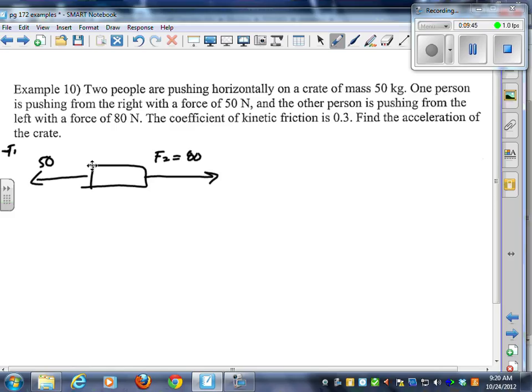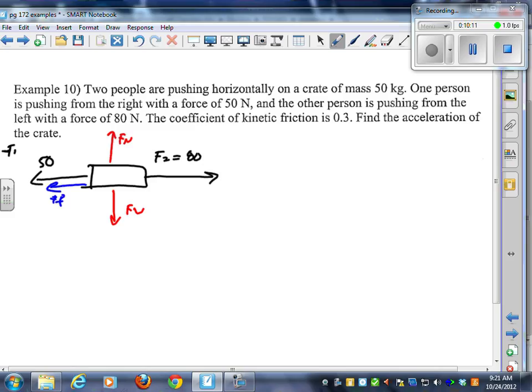There is a weight force down. There is a normal force up. And there is friction. Now you should be able to tell right off the bat which way this thing is going to move, right or left? It's going to move right. I've got 80 going to the right. I've got 50 to the left. Obviously, it's going to go right. So there is, in fact, a little bit of friction going this way, backwards.